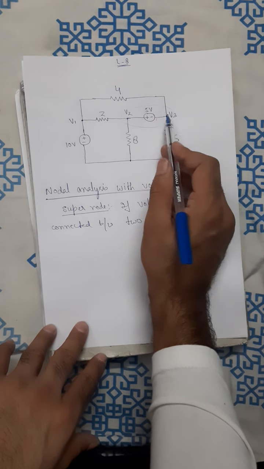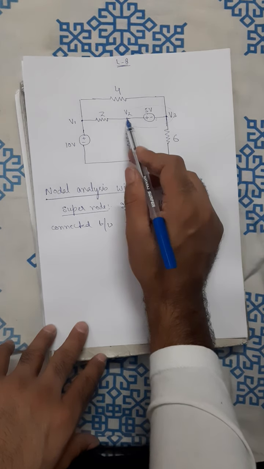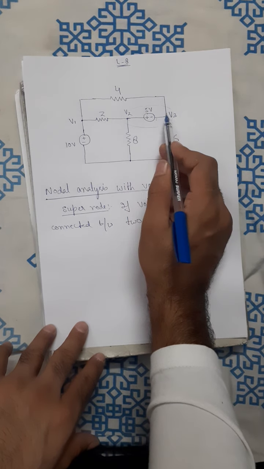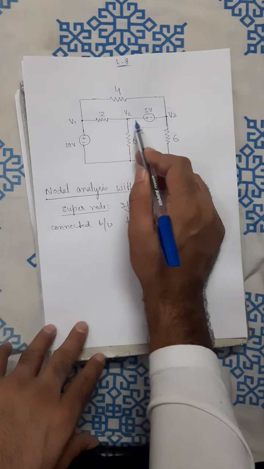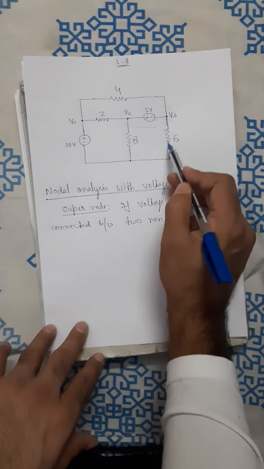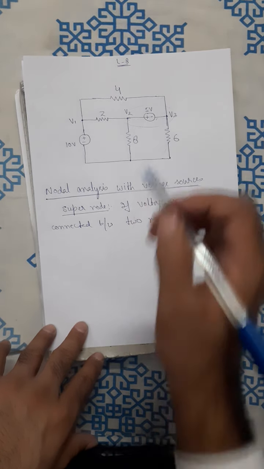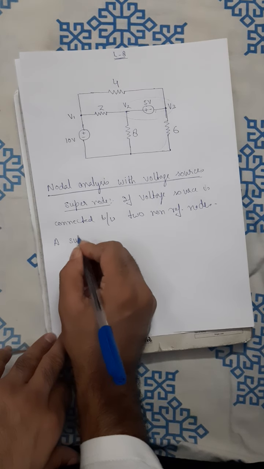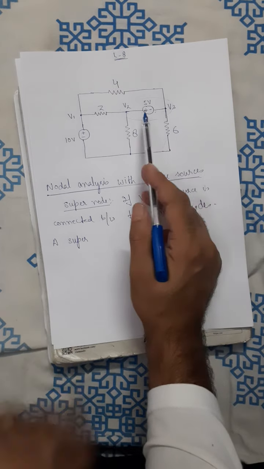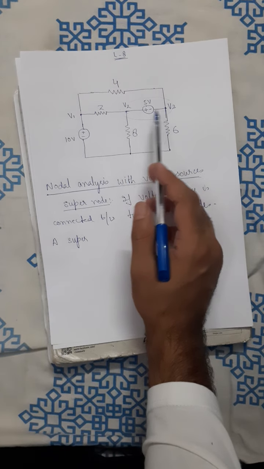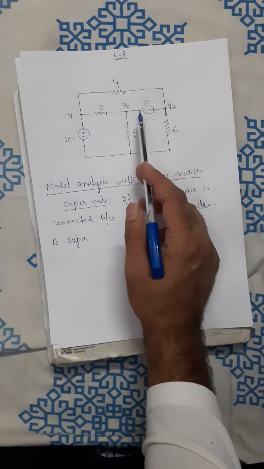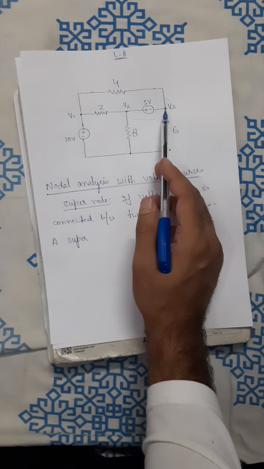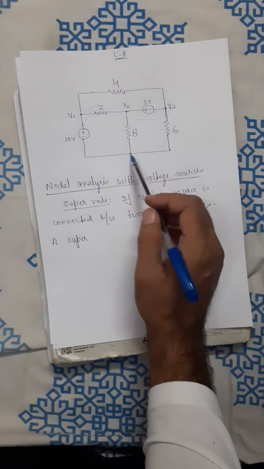This voltage source is connected between two non-reference nodes, and the element connected in parallel with it is this circuit. So the condition for a super node is that a voltage source should be connected between two non-reference nodes.